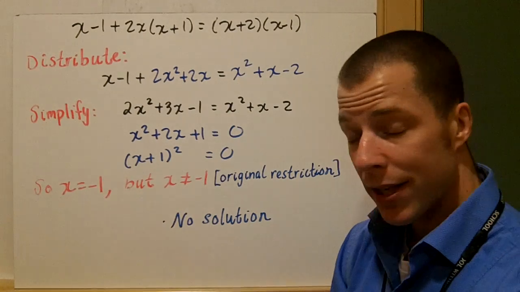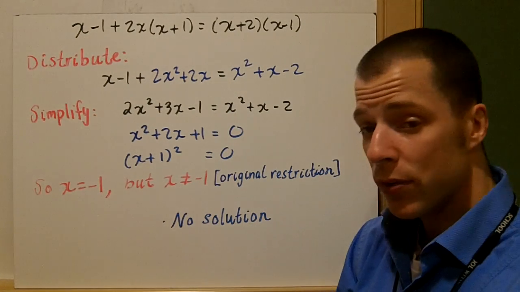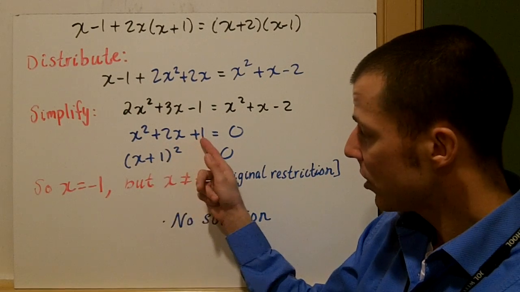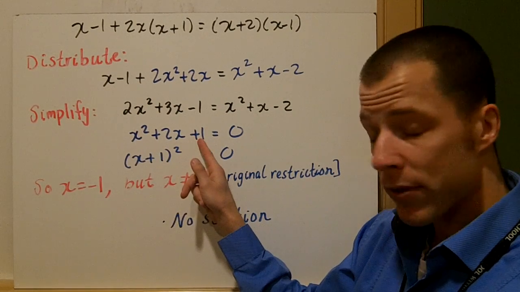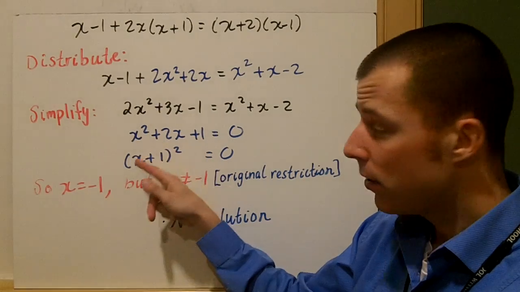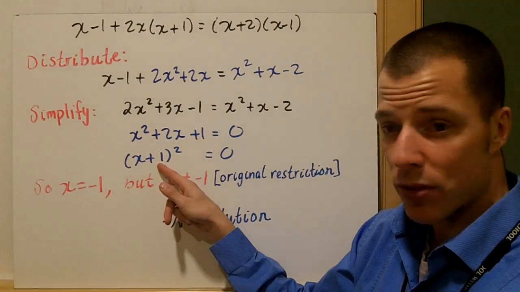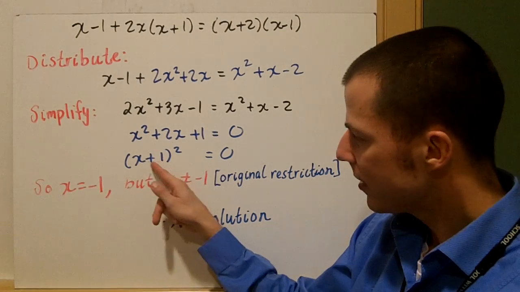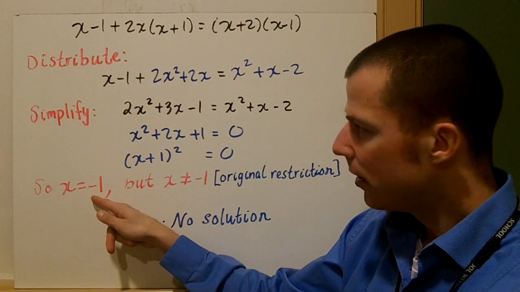So now we have a quadratic equation set equal to 0. We want the zeros of that quadratic equation. Well, this is actually a perfect square. Two numbers that multiply to be 1 and add to be 2, that's just x plus 1 times x plus 1. So negative 1 is our solution. What makes this 0? Negative 1.